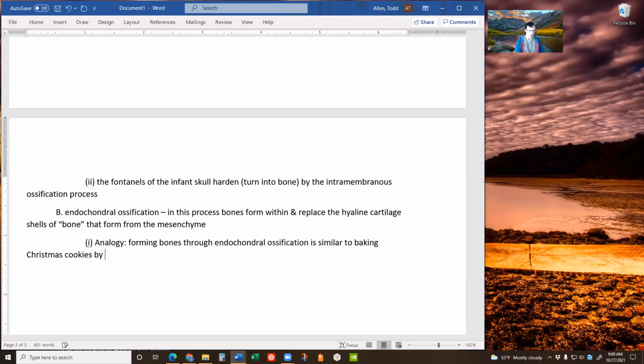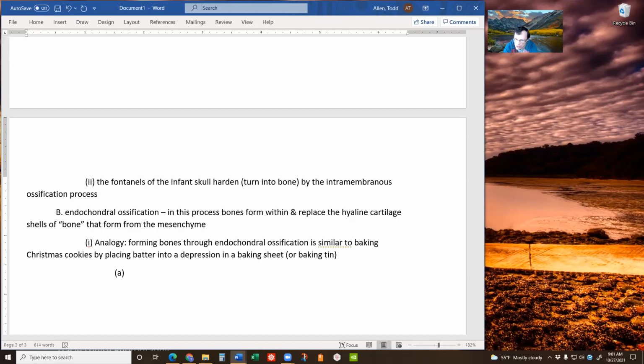Baking cookies by placing batter into a depression in a baking sheet or baking tin, if you will. Okay, and when you build bone through endochondral ossification, the very first thing you have to do is make the cookie sheet itself. You have to make the cookie sheet itself.